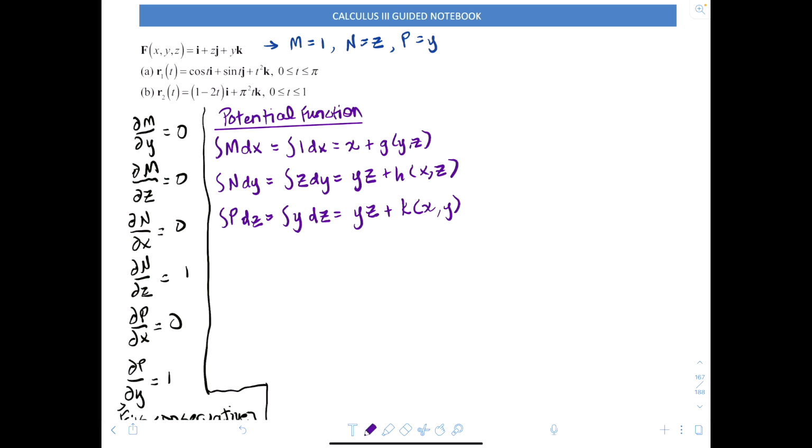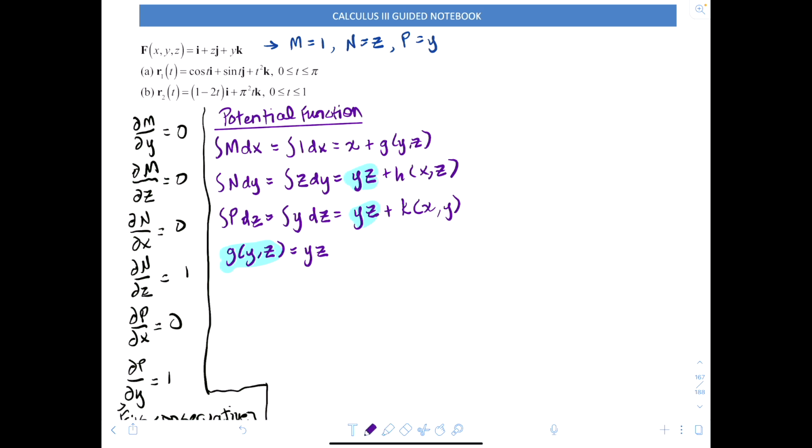So notice that these are the same, right? And so since they are the same, we can say that g of y and z is going to equal yz, right?